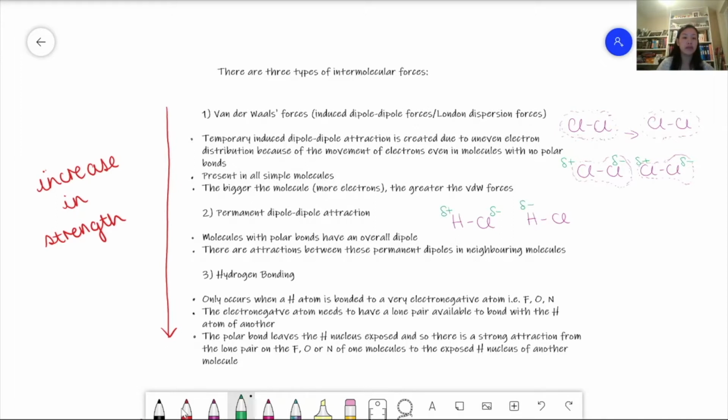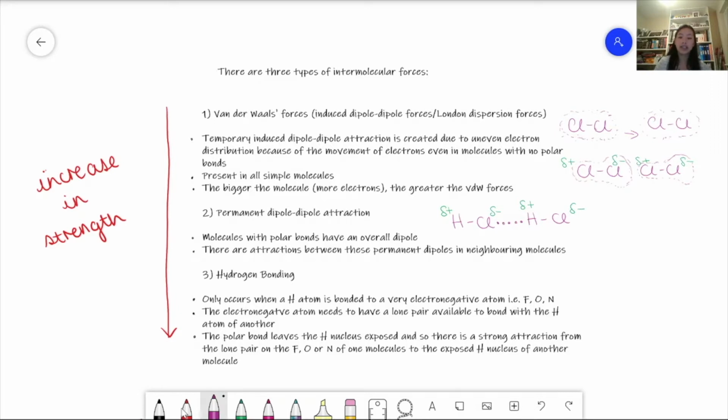Same with this one. And so there would be a permanent dipole attraction between them, because a partially negative charge will be attracted to a partially positive charge. And if they're not arranged in this way, they normally rotate in order to be attracted like this.